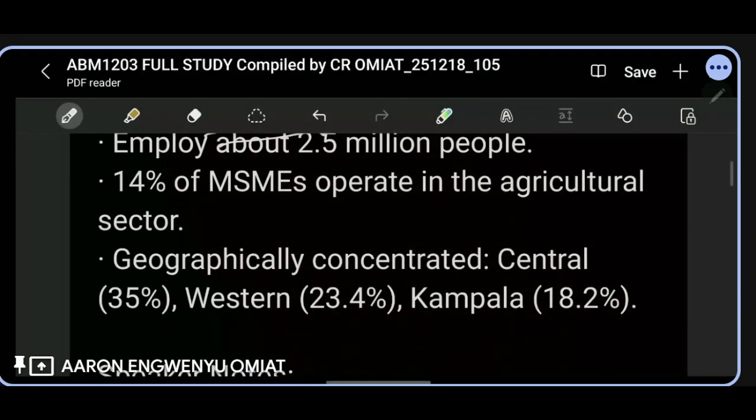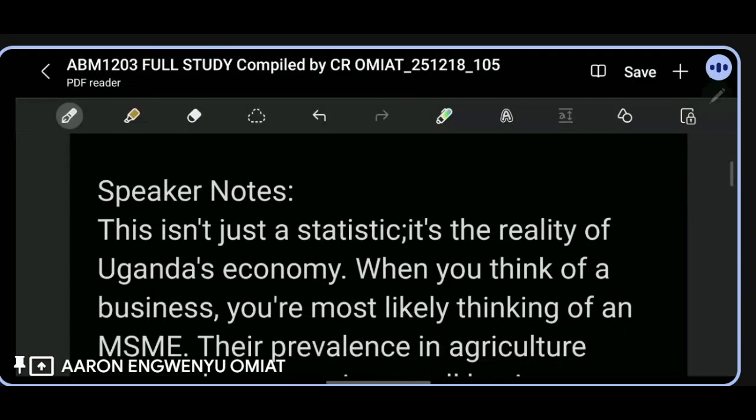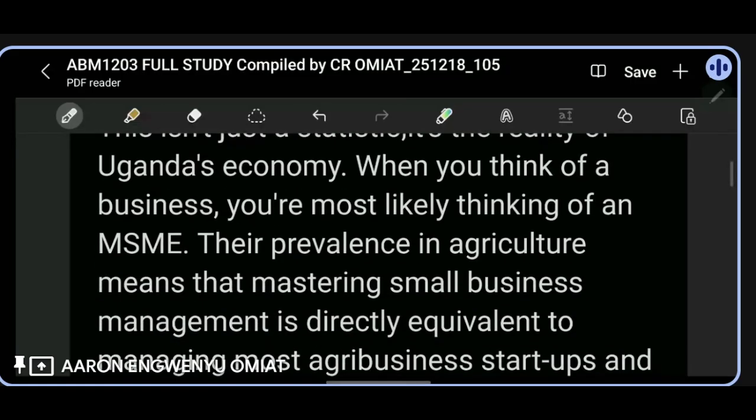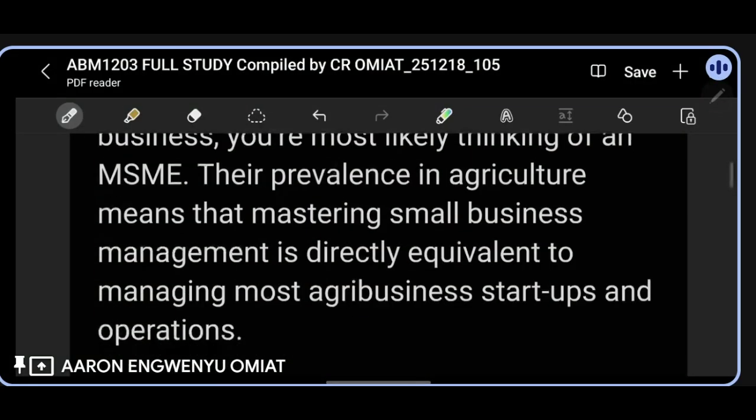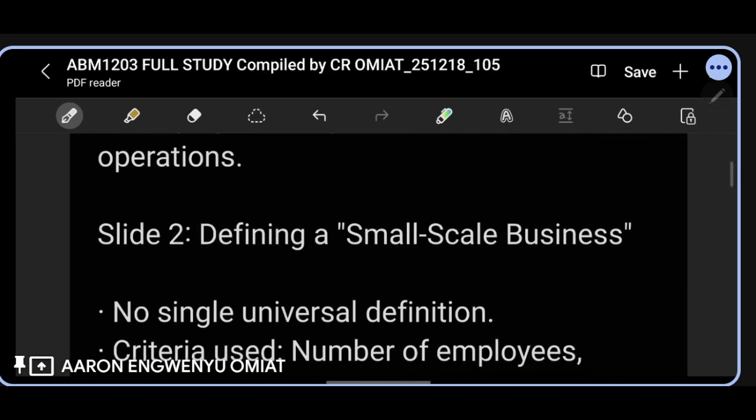This isn't just statistics, it's a reality of Uganda's economy. When you think of a business, you're most likely thinking of an MSME. They are prevalent. Mastering small business management is directly equivalent to managing most agribusiness startups and operations.